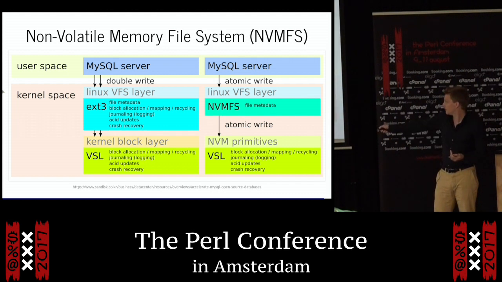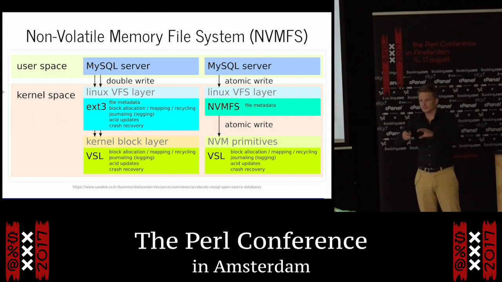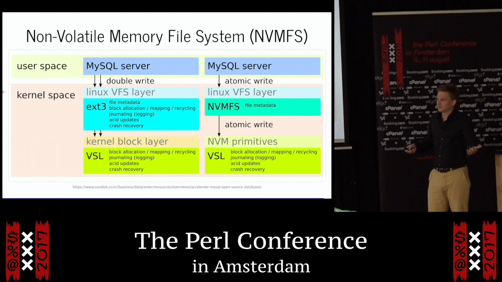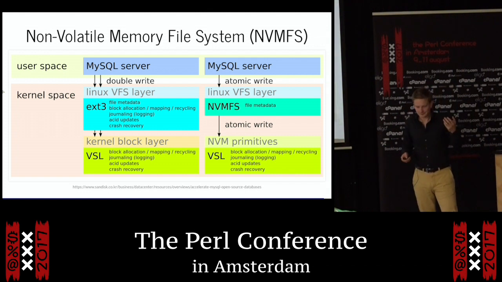And you see here all the stuff going on: block allocation, mapping, recycling. There is a mapping between logical and physical blocks, of course, and the file system does it using this abstract block layer, and the SSD does it using a layer between the physical flash memory and the blocks it exposes.